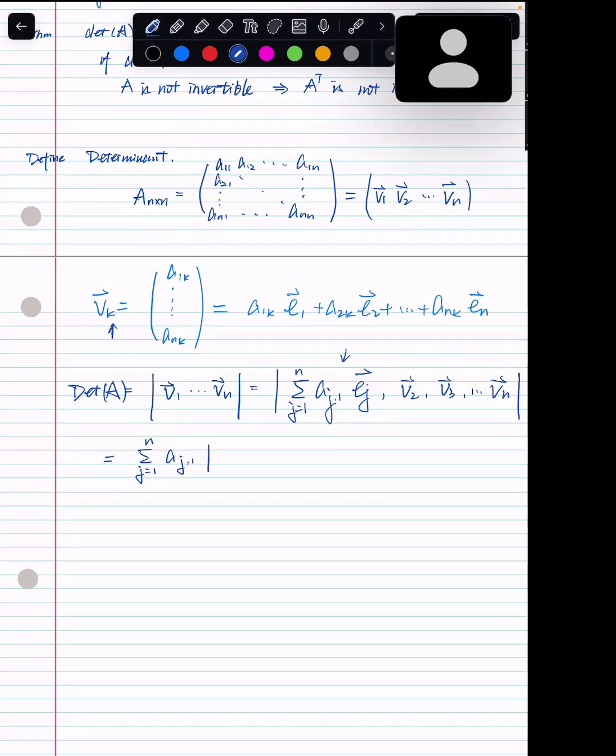On the inside, I changed the first one to J, so it's also EJ1. And then we're left with V2 to Vn.